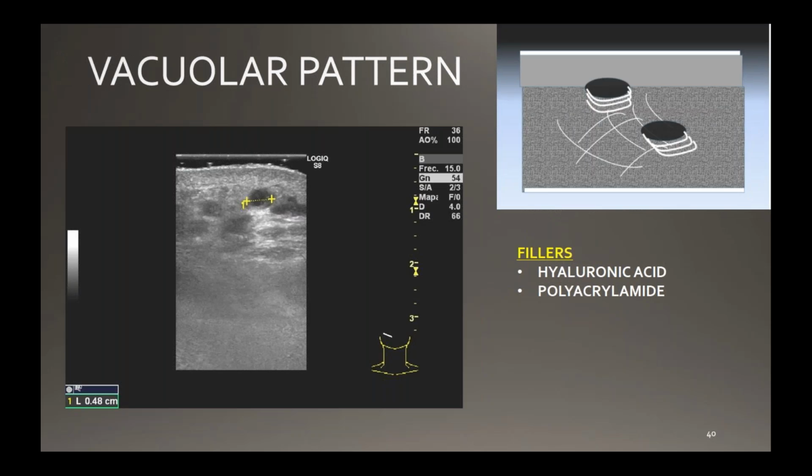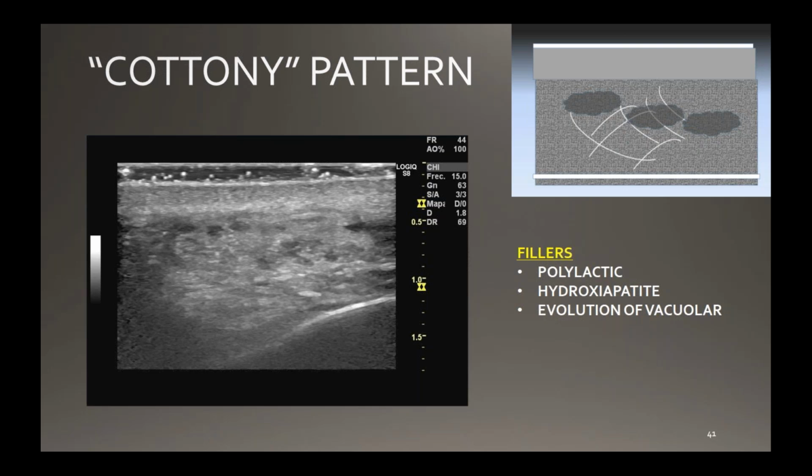The next pattern is the bacular pattern. This bacular pattern is very common because now the most common filler that is used is hyaluronic acid. Hyaluronic acid and polyacrylamide have this kind of bacular pattern. Pure hyaluronic acid and pure polyacrylamide will have this kind of bacular pattern that we can assess. And a third pattern that is important to know is this cottony pattern.